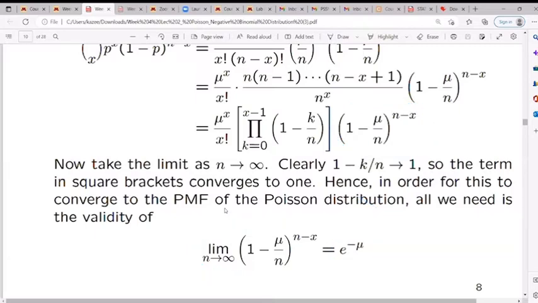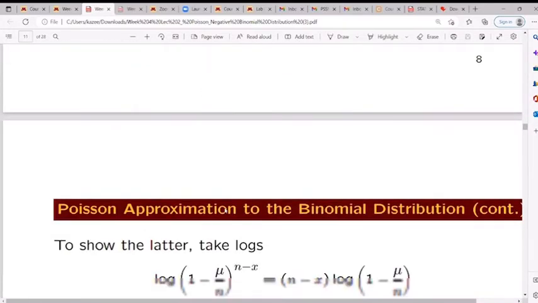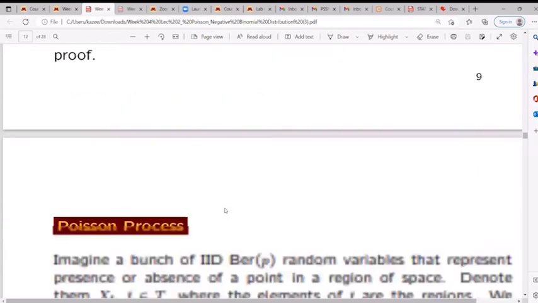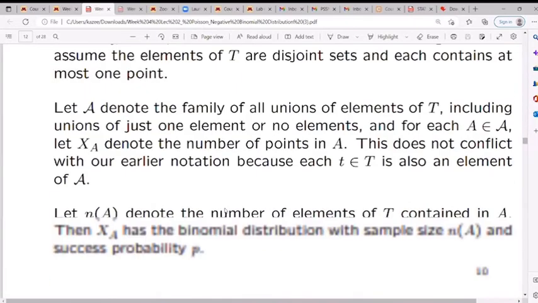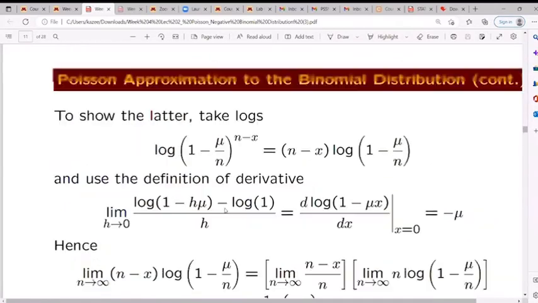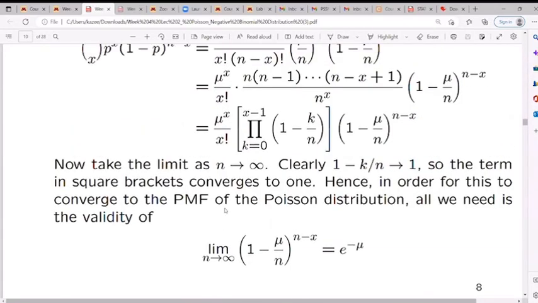If you take a look at that now, at the end of the day, we're basically going to end up in the Poisson distribution. You can follow that.